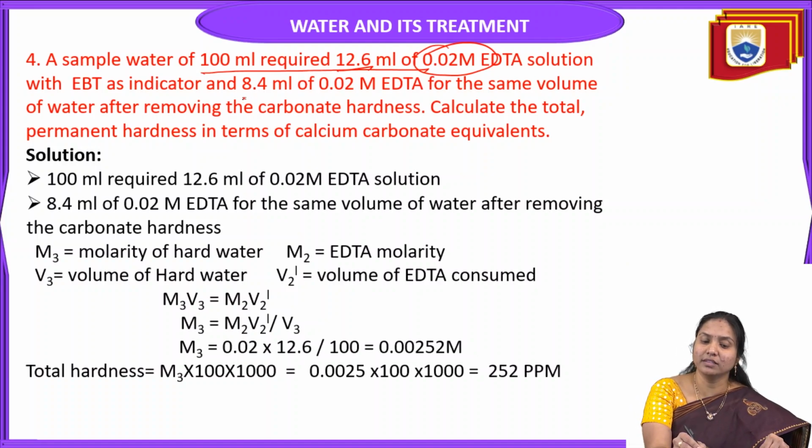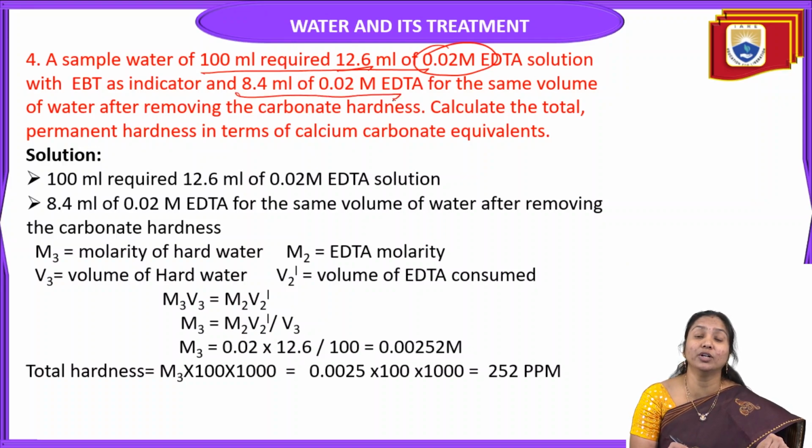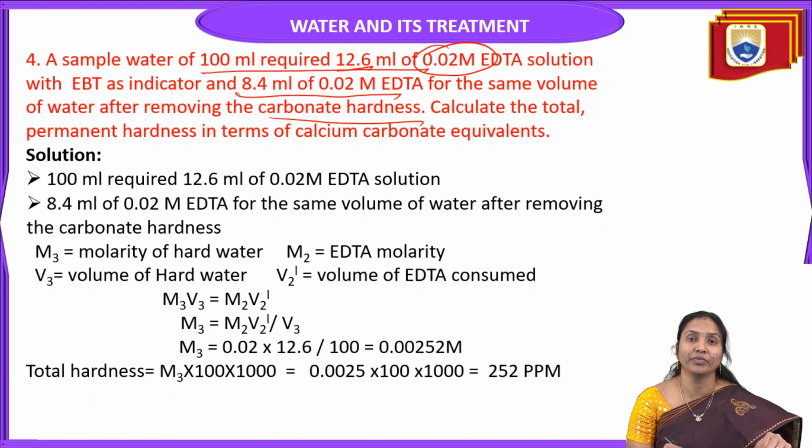And in the next case, 8.4 ml of 0.02 M EDTA for the same volume of water after removing the carbonate hardness. So what is the meaning here in the second case? Same volume of water, that means 100 ml of water, but it required 8.4 ml of EDTA, and the molarity of the EDTA is 0.02. But here we remove the temporary hardness causing ions which are present in water, for example calcium, magnesium, bicarbonate. We can remove the temporary hardness by boiling.